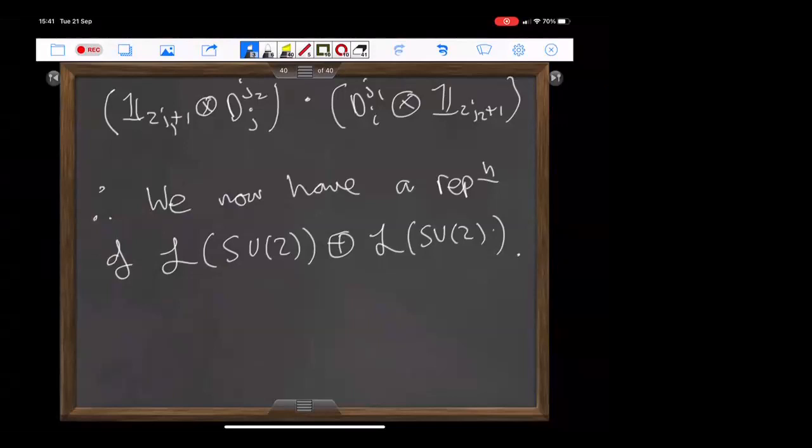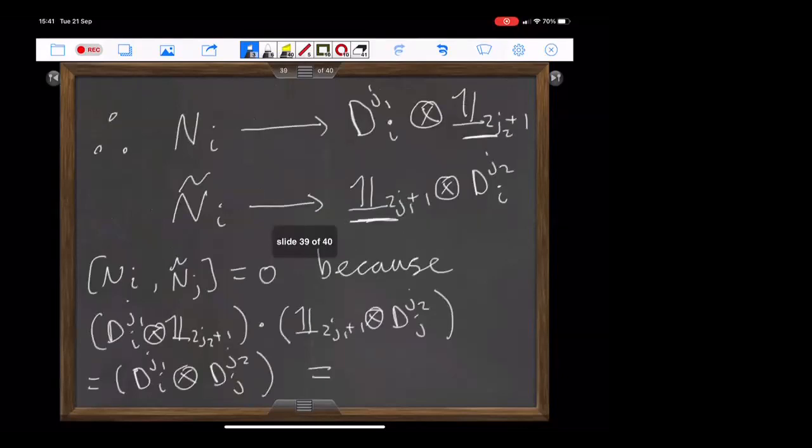Yeah, Professor, so the conclusion is that the dj1 tensor identity is a representation of the Ni, right? Yeah, and likewise for Ni tilde.